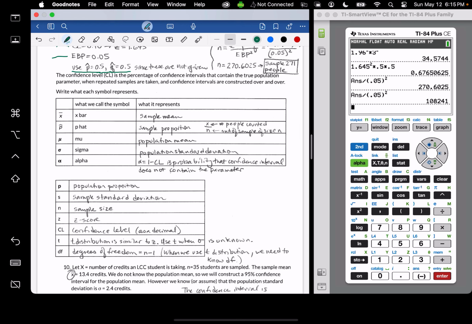Sigma, population standard deviation. Alpha is 1 minus the confidence level, and it is the probability that the confidence interval doesn't contain the parameter. If you've got 90% confidence, then there's a 10% chance that the confidence interval doesn't contain the parameter.